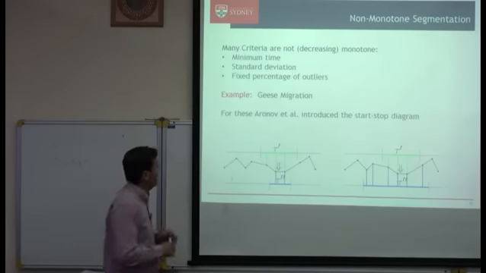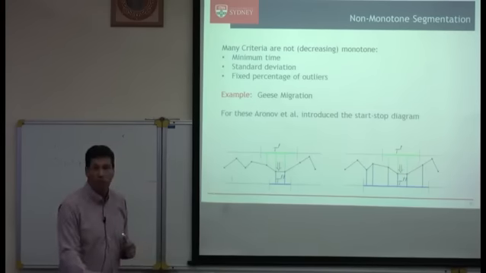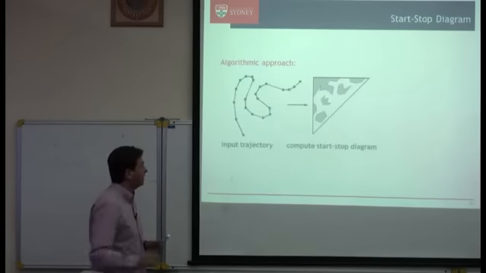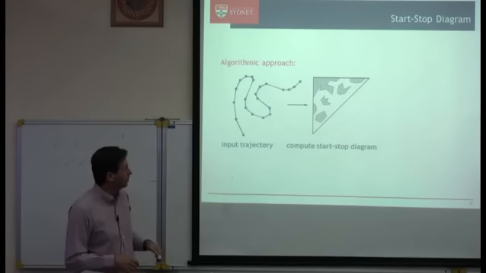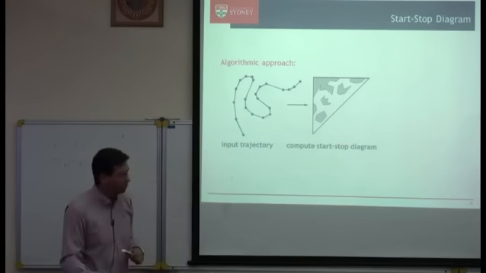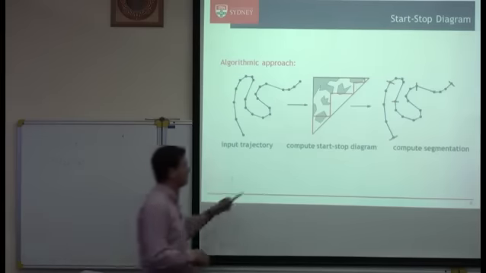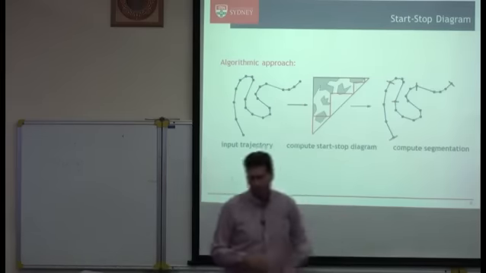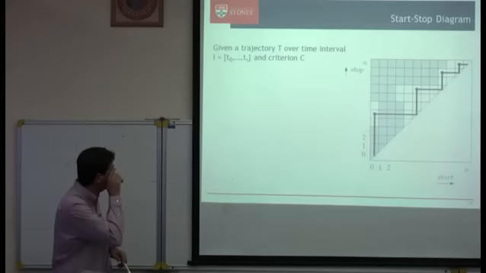Then Aronov et al., just recently, last year at SODA, introduced something called the start-stop diagram. They take the input trajectory and put it into what they call a start-stop diagram, which has similarities to the free space diagram. From this start-stop diagram, they compute the segmentation. I'll show you how this is done.